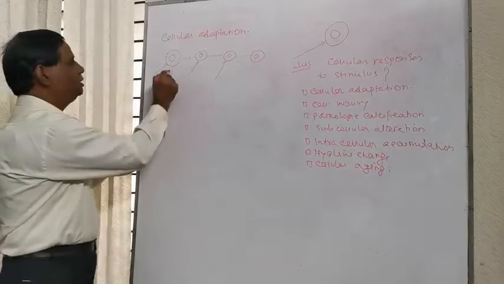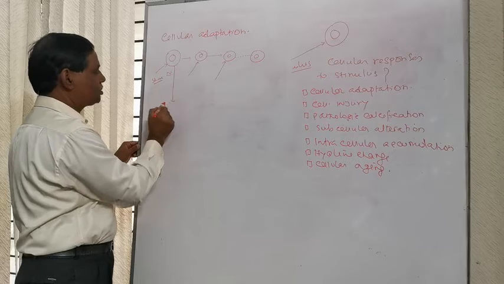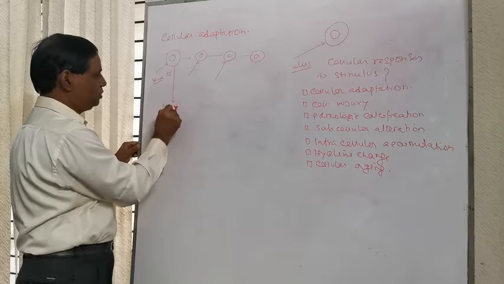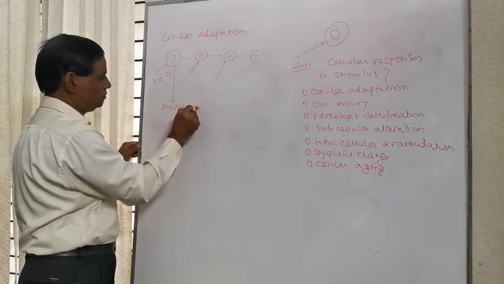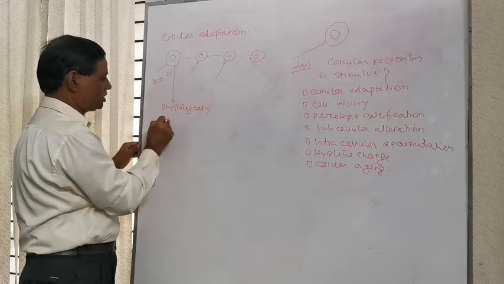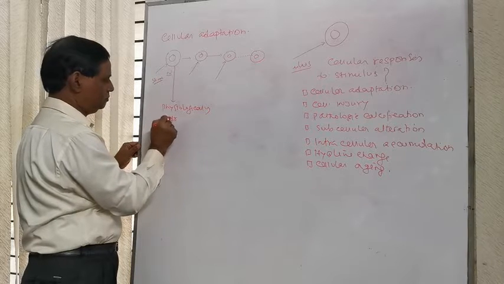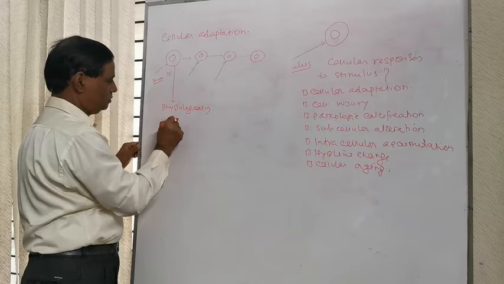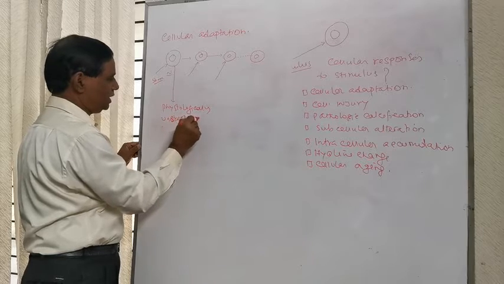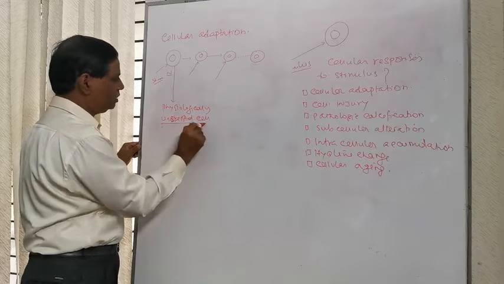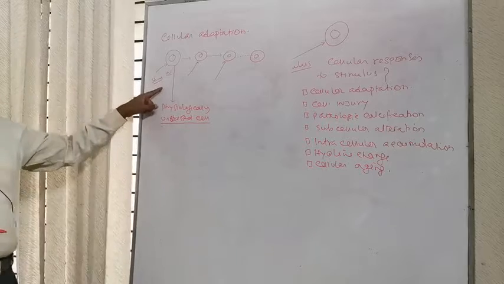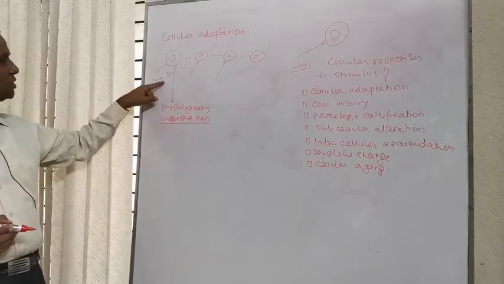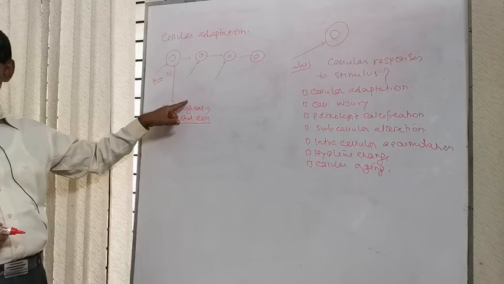So this is the physiologically unstressed cell. No stress at this in the cell. So this cell is very much unstressed physiologically.